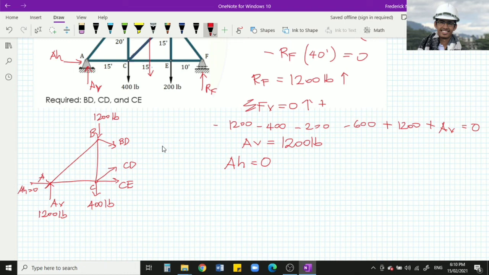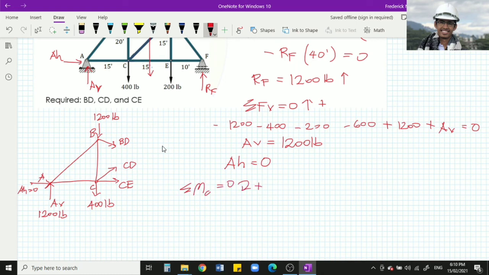Kasi yung CD at saka CE, hindi na natin yan may moment. So, ang unknown na lang natin, kapag mag-summation moment tayo dito sa C, yung BD na lang yung magiging unknown natin. Tama? So, by summation moment at C, makukuha natin yung force BD natin. Okay? So, class, assume natin to na tension. Okay? Kapag lumabas is negative sa sagot natin, so magiging compression yan. Okay? So, yun, summation moment at C is equal to 0.